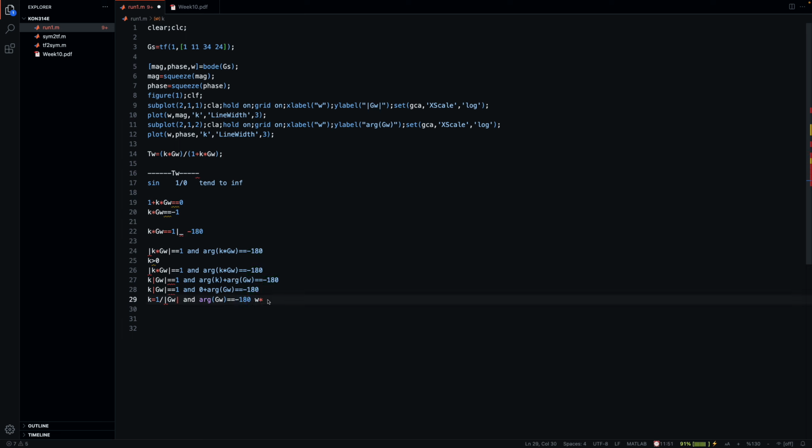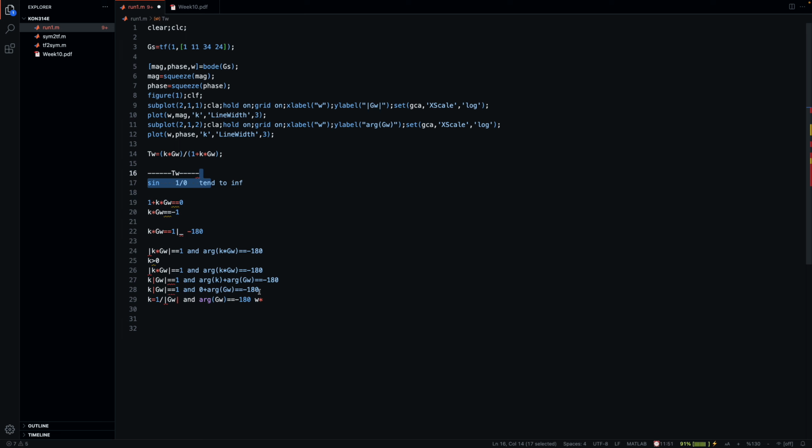At that frequency, if we also change the gain of the controller such that the controller has the gain 1 divided by the magnitude of g omega, and you multiply this with the gain of the system itself, it will satisfy the magnitude condition 1, and then we will end up at 1 and minus 180 degrees at the same time. This will then cause a division by 0, which means infinity.